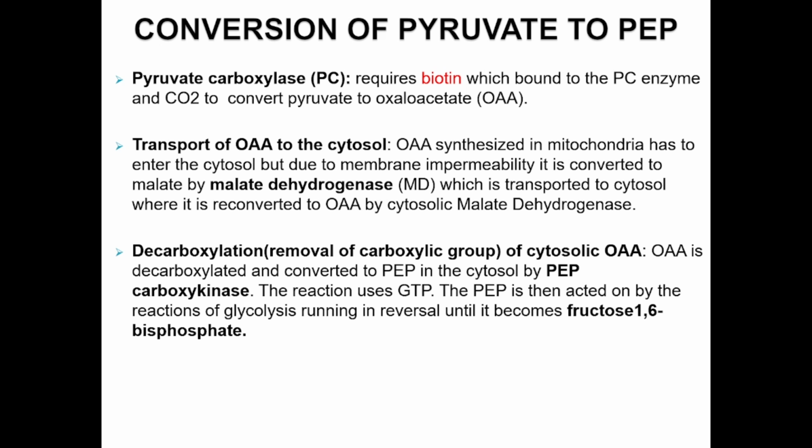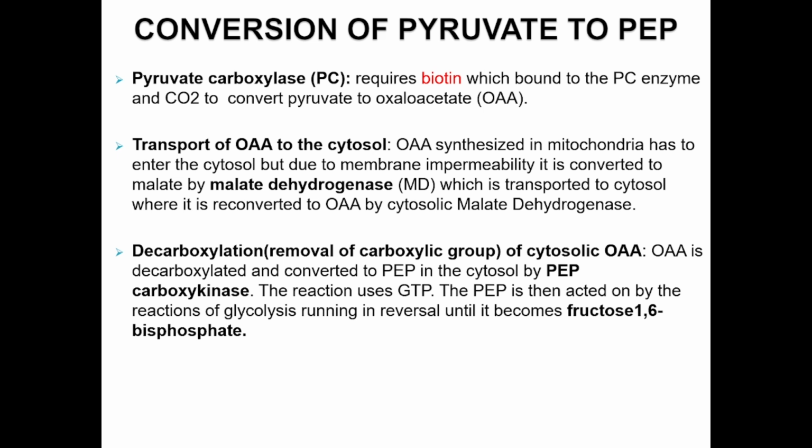If you remember, pyruvate has 3 carbons and oxaloacetate has 4 carbons. So if we want to convert pyruvate to oxaloacetate, we need to add 1 carbon. So it is a carboxylation reaction. Any carboxylation reaction in the body needs biotin. This is the coenzyme needed for any carboxylation reaction, because it binds to carbon dioxide and adds it to the products.